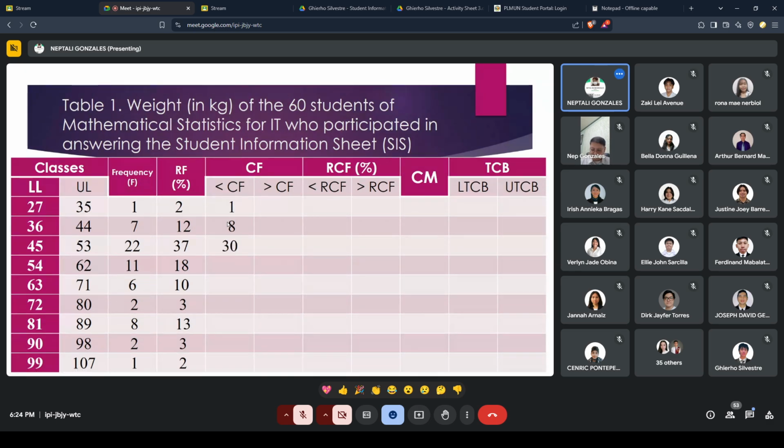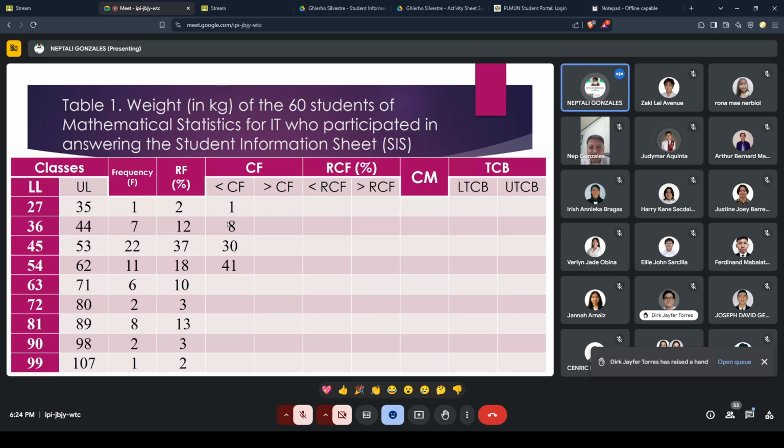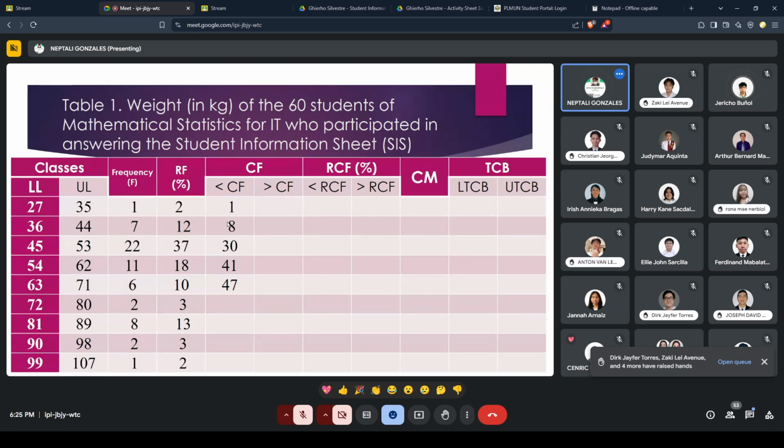So next, what is the next less than cumulative frequency? Judimar. 41, sir. Okay, very good. 41. Next, Jericho. 47, sir. 47. Okay, I hope you remember all of this. Next, Christian Mendoza. 49 po. 49.